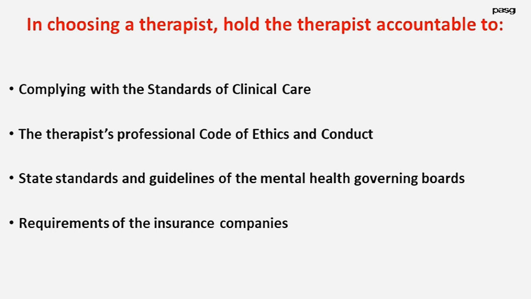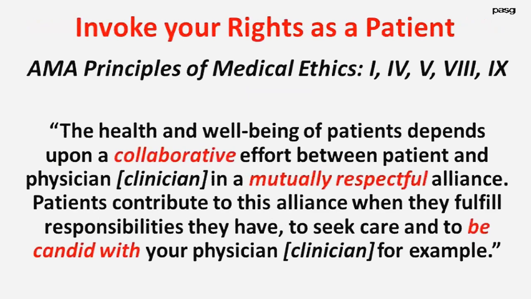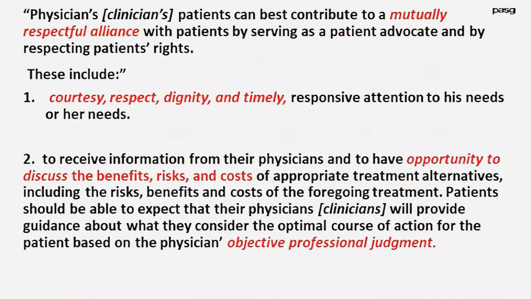I just focused here on the American Medical Association. You go through this, it talks about a collaborative effort. When have you been asked to participate in your treatment plan with definite behavioral changes with timelines? That's their obligation. You can go through this.